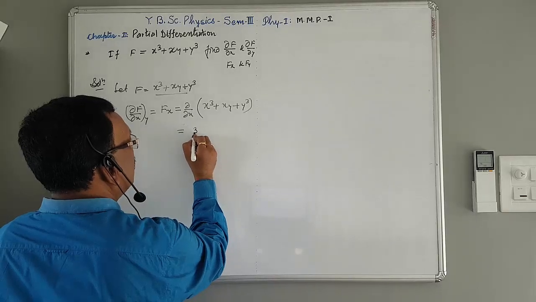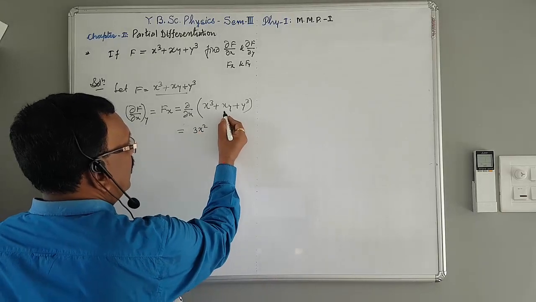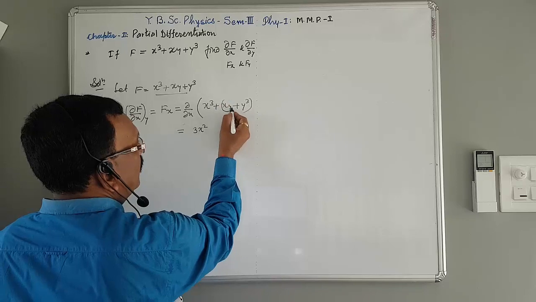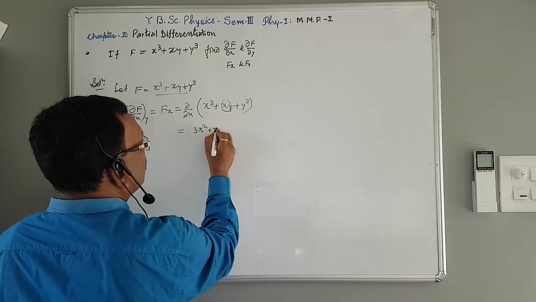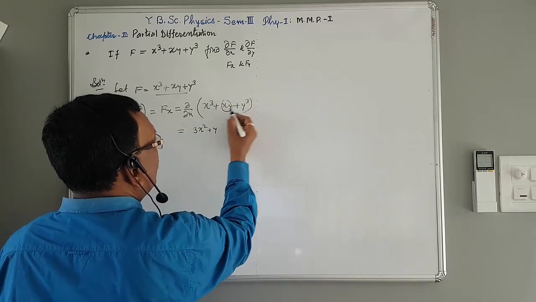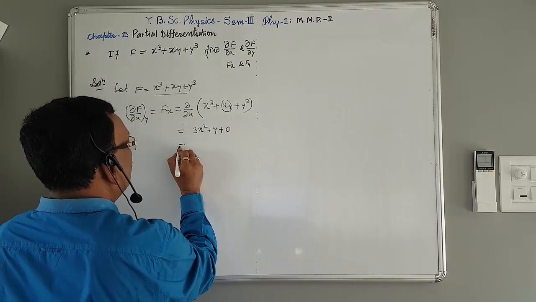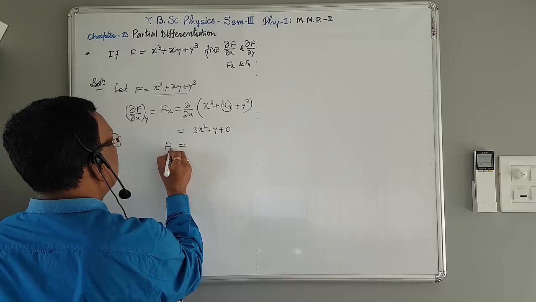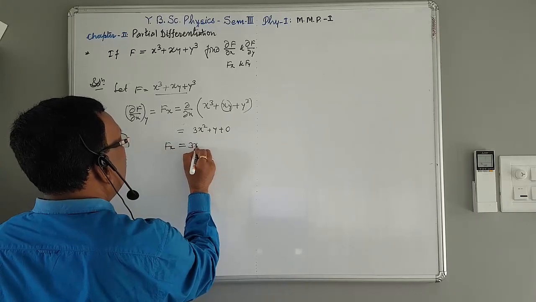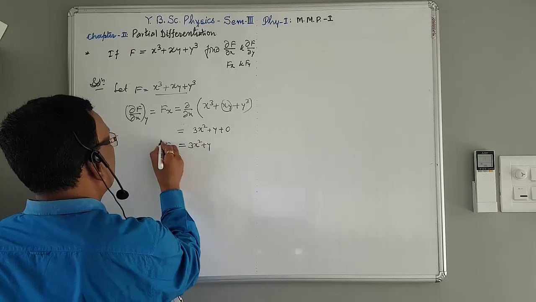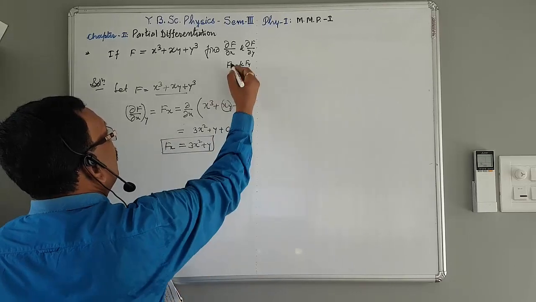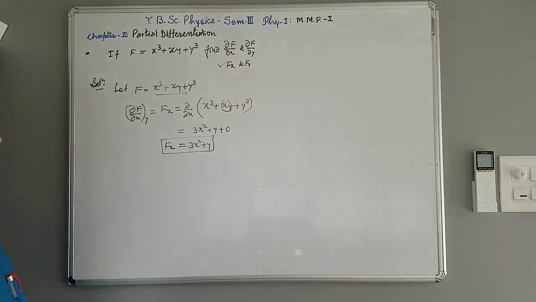We have 3x². The differentiation of xy with respect to x is y. And the differentiation of y³ with respect to x is 0. Therefore, fx = 3x² + y. This is the value of fx, the first order derivative of the given function.